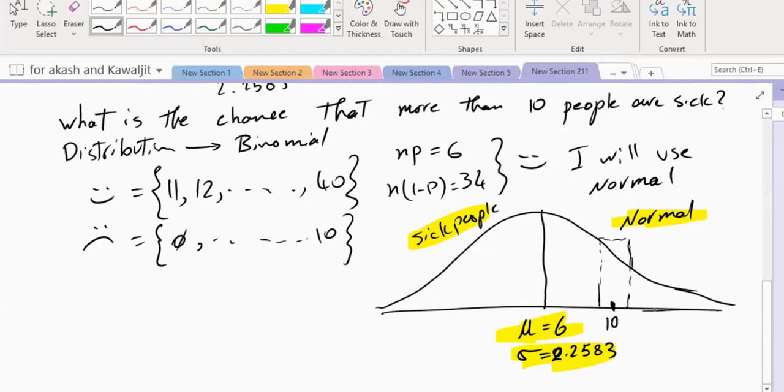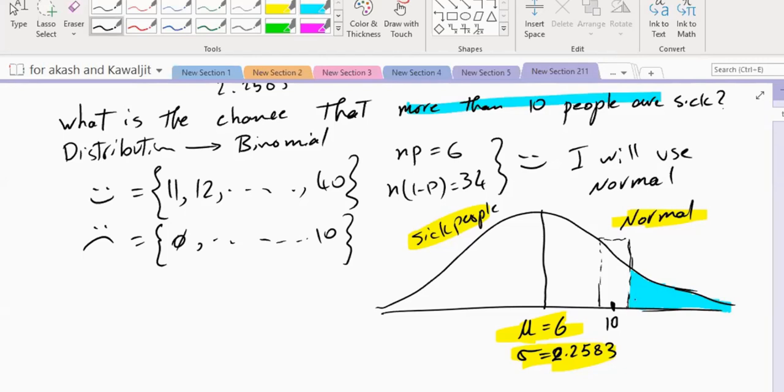I'm interested in more than 10. So I start from positive infinity and get close. When I'm getting close to 10, I think, this is not normal, be careful. Should I include the 10 or not? In this case, no, because you're looking for more than 10. So I have to stop, and I'm not going to include any part of that 10.